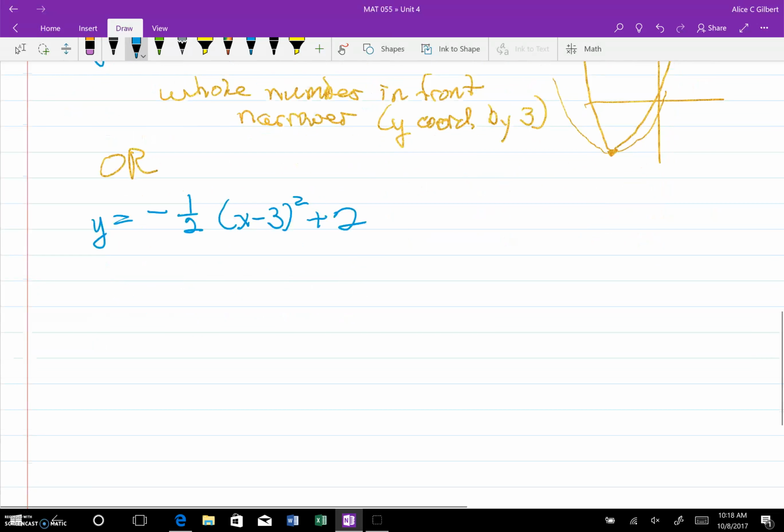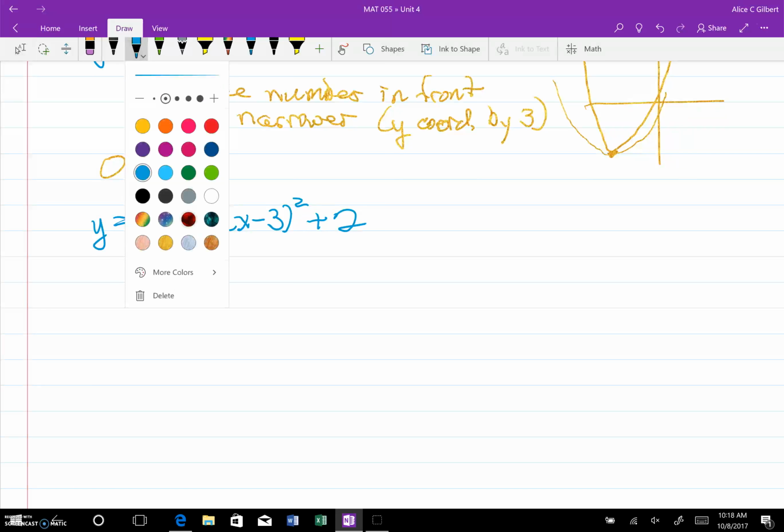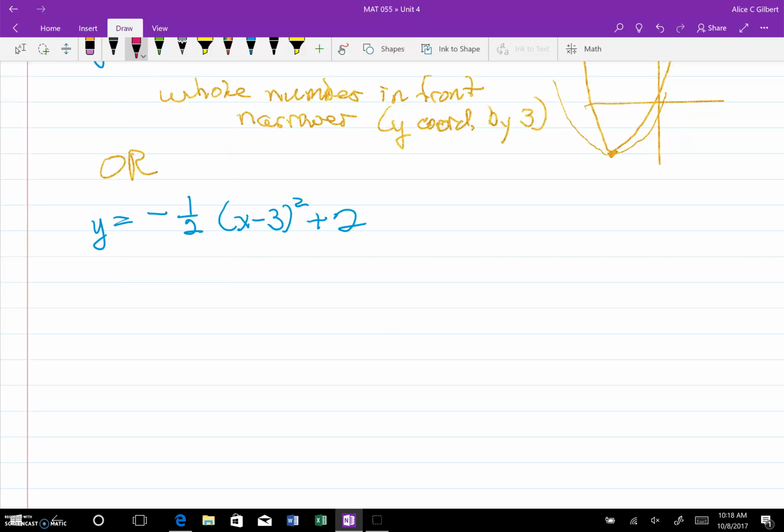Or if we had, let's say, this, y equals, sometimes these just don't come out very nicely. If we have a fraction in front, then the shape of our graph is going to be wider.